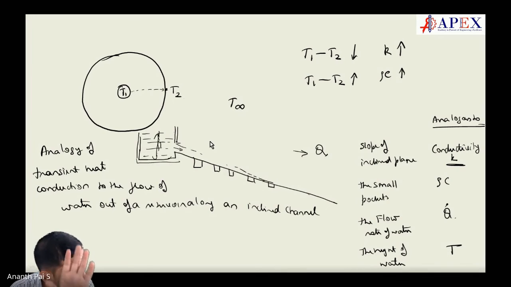Similar thing. Water is used to explain even electrical concepts, and these are very analogous. I don't know whether there is a theory of everything. People are going towards a theory of everything.